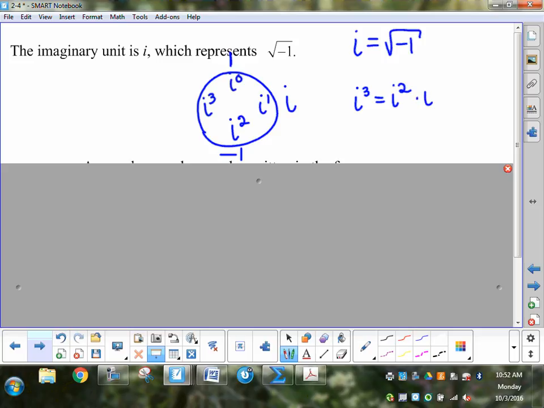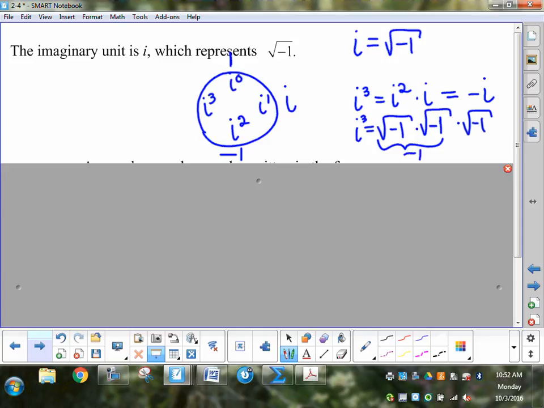Isn't i to the third the same as i squared times i, because you add the exponents? Well, what's i squared equal to? -1 times i to the first, which would be i. What Nathan's saying is i to the third is equal to the square root of -1 times the square root of -1 times the square root of -1. What do I get if I multiply those first two together?